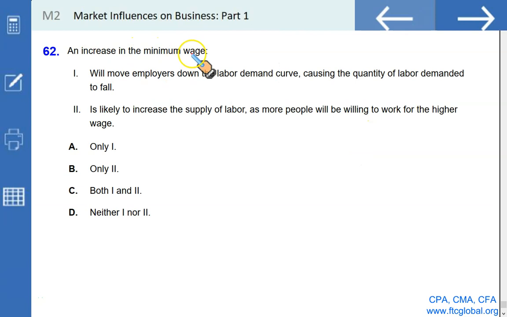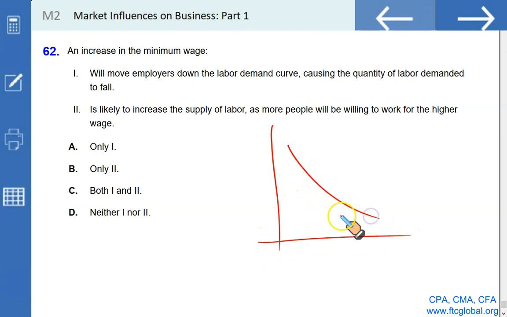An increase in the minimum wage will move employers down the labor demand curve, causing the quantity of labor demanded to fall. An increase in the minimum wage will move employers up, not down, the labor demand curve. This is how it would be: the wage rate goes up, you will move from this position to this and demand less labor. So this is incorrect.